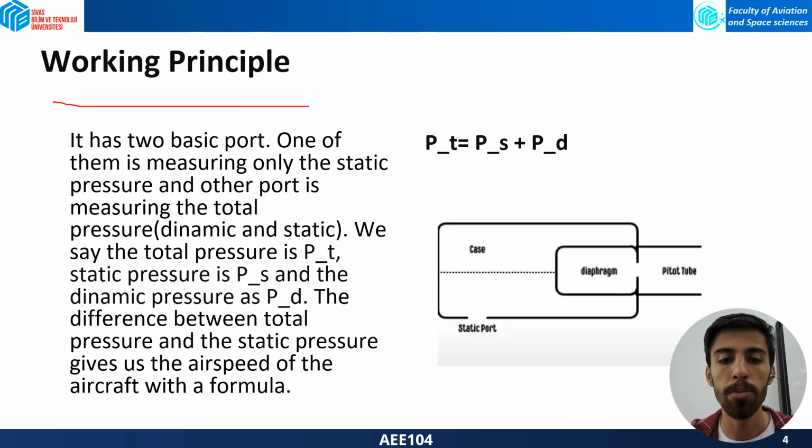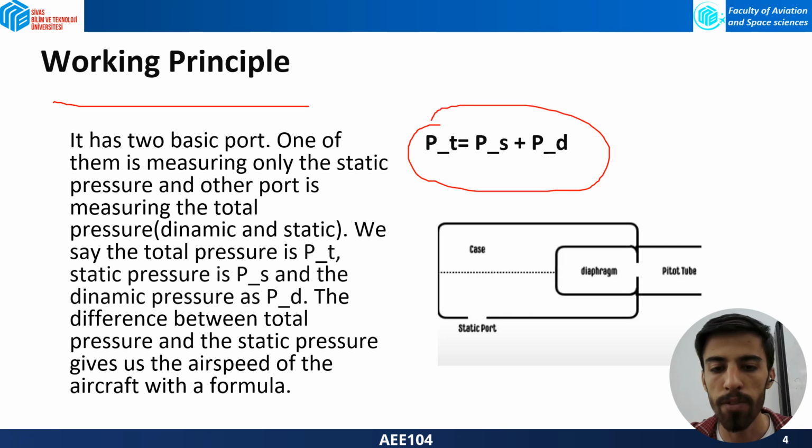The working principles of the PITOT tube. It has two basic ports, as I mentioned. You can see this is the basic formula: P total, which means total pressure, equals static pressure plus dynamic pressure. This is the second port of the PITOT tube.